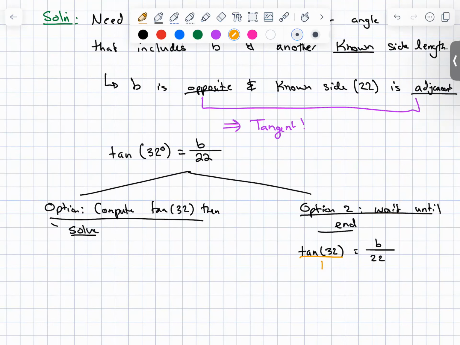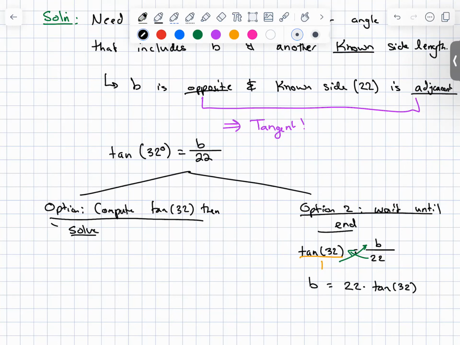Cross. Sounds good. So cross: 1 times B is just B equals 22 times tangent of 32 degrees, knowing and understanding that tangent of 32 degrees is a number. This will give us the most accurate answer.